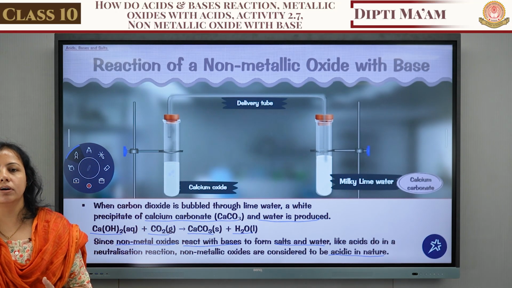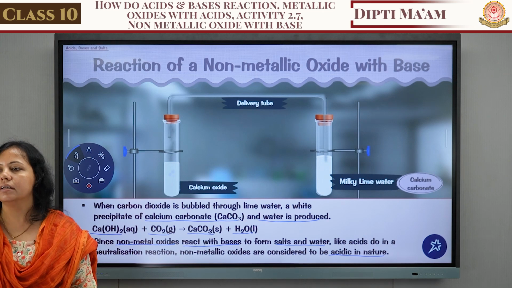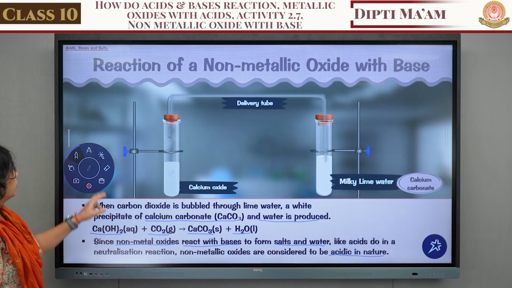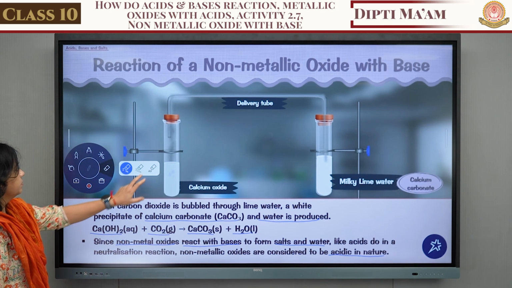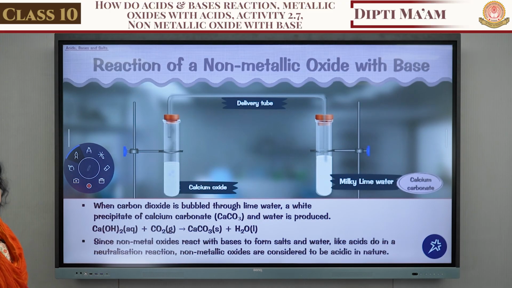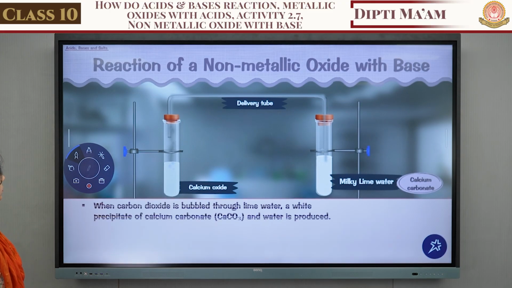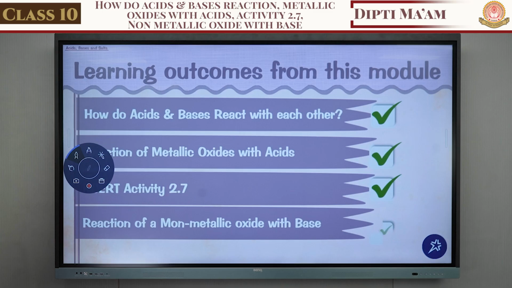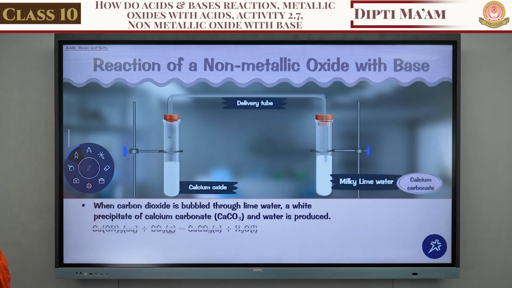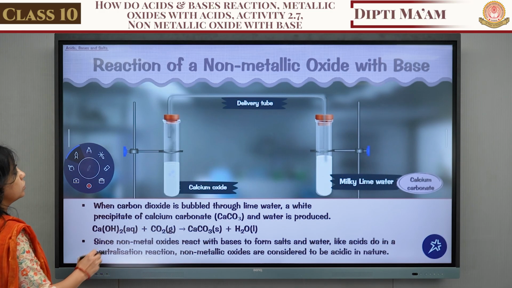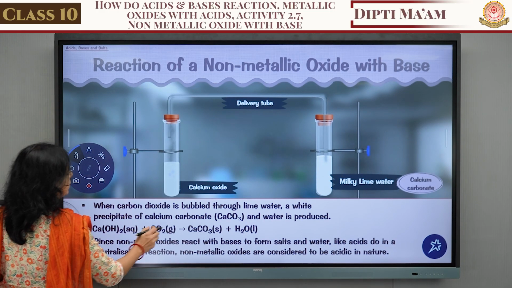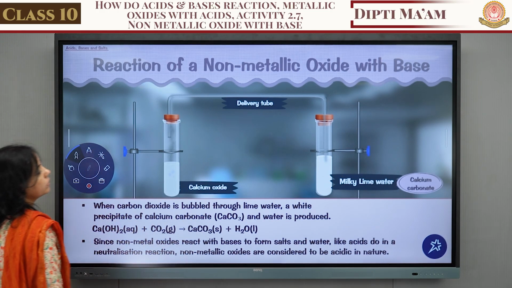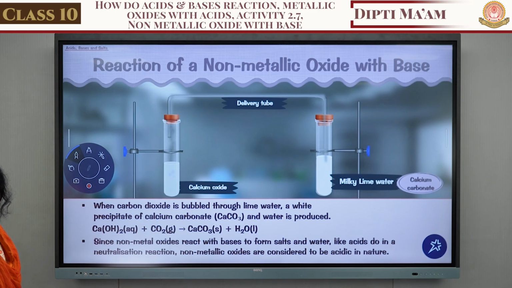And what about the non-metallic oxides? They are acidic in nature. Okay. So now let's see the next thing. When carbon dioxide is bubbled through lime water, a white precipitate of CaCO3 and water is produced.